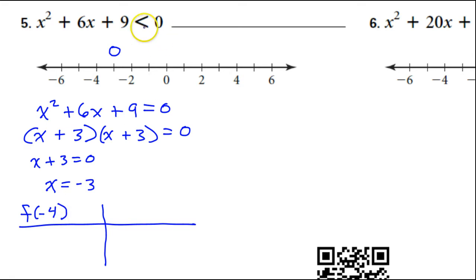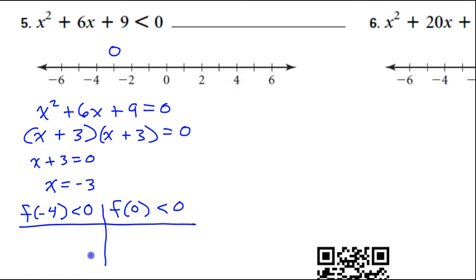And specifically, is it less than 0? All right, because that would make it a solution. And let's pick a value in the interval that's greater than -3. I always use 0 when it's in the interval. So I will test the value of the function at 0. And again, is that going to be less than 0? That would make it a solution.